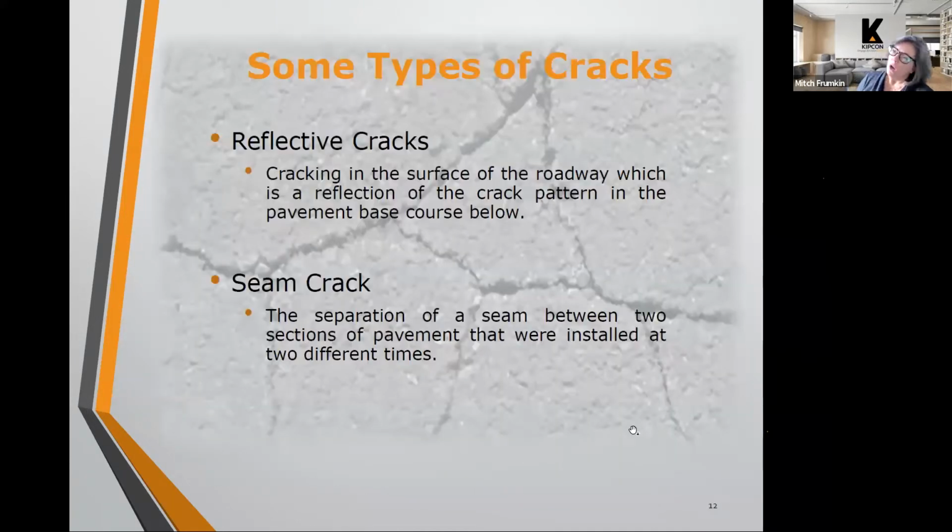Okay, so we talked about reflective cracks, where if you put new pavement over unrepaired underlying pavement, the cracks that are in the underlying pavement will come through in about a year or two, usually, sometimes not even that long. So it's very important to repair what's underneath before you put something new over top of it. Seam cracks are very common.